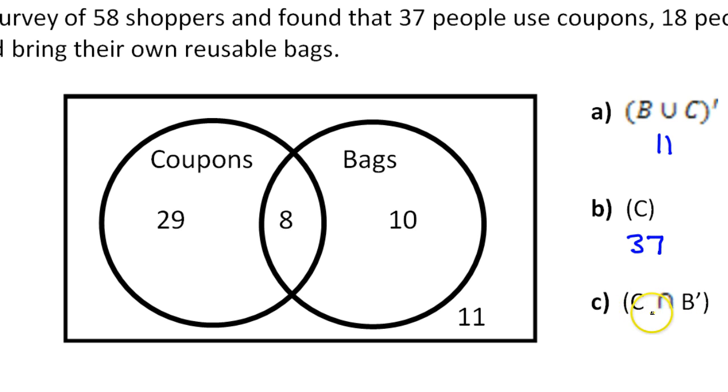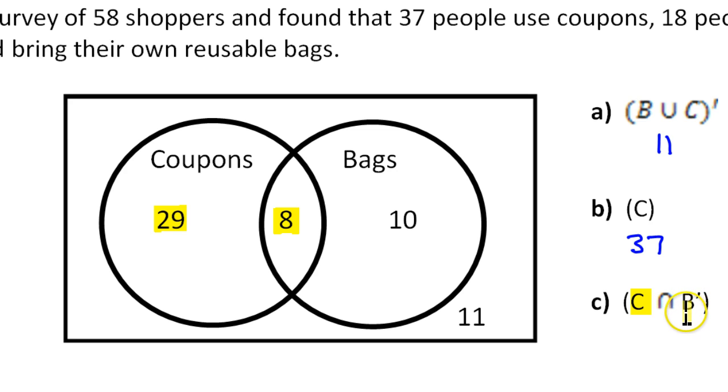So there's a couple ways we could do it. We could just go in order and say, okay, let's start with the people that are coupon users, because we only want to deal with them for sure. So the coupon users are these people and these people. Now we want the people that are not bag users, because of the apostrophe, not bag users.